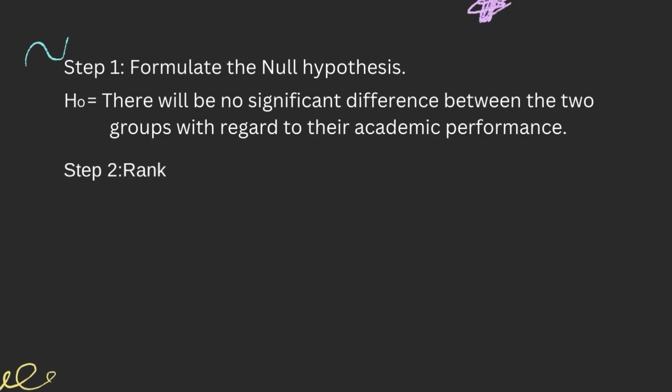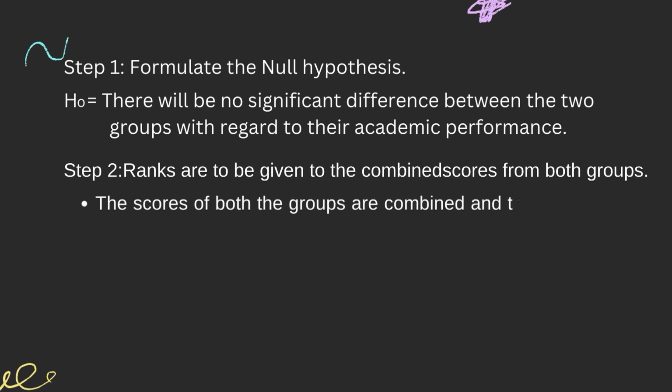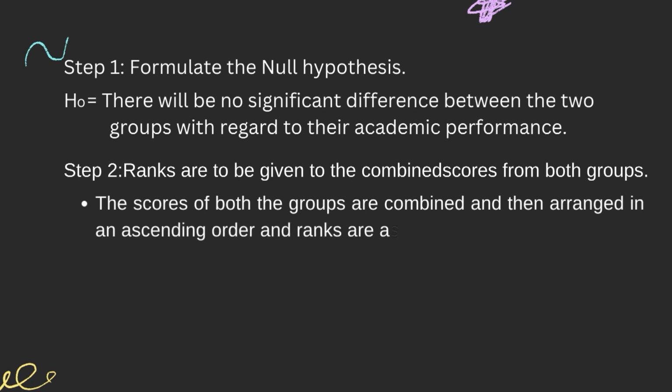Now, let us go ahead to step number 2. Step number 2 is that ranks are to be given to the combined scores from both groups. We have to engage in a ranking procedure: the scores of both the groups are combined and arranged in ascending order, and ranks are assigned to them.